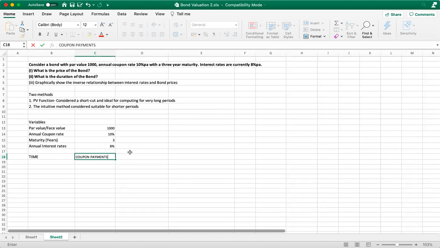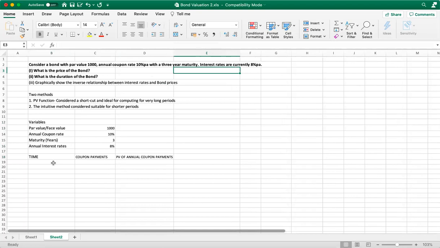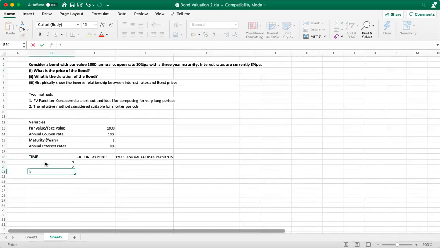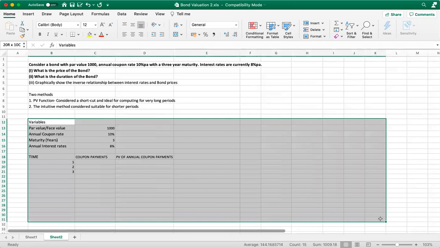This is annual coupon payments. And then we require the present value of annual coupon payments. So we start off with the long method. So 1, 2, 3. We have 3 years. Now allow me to increase the font to 16.